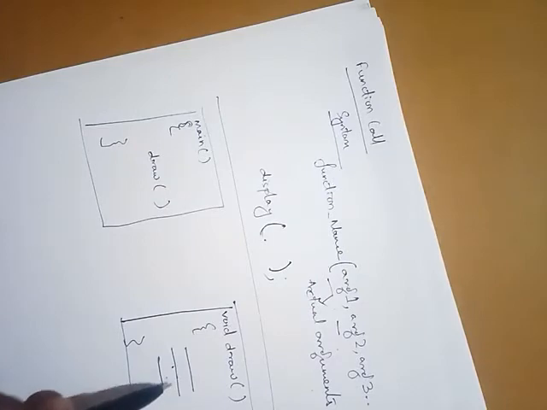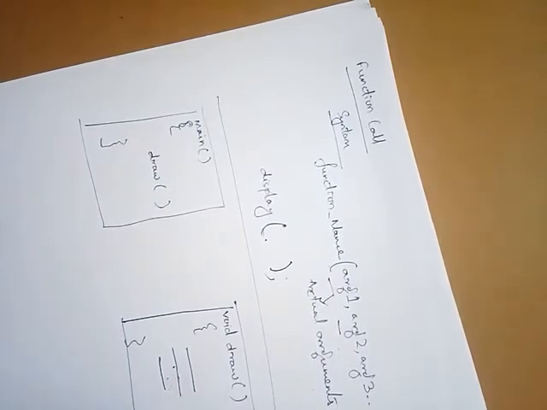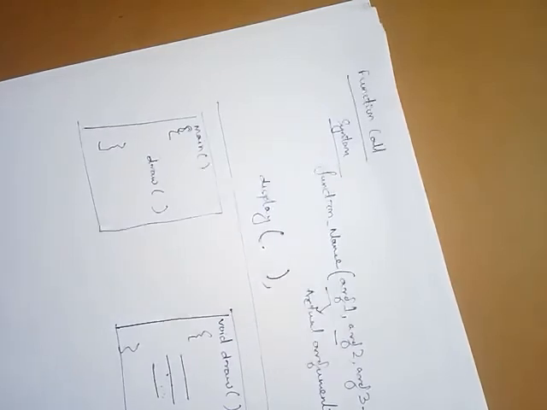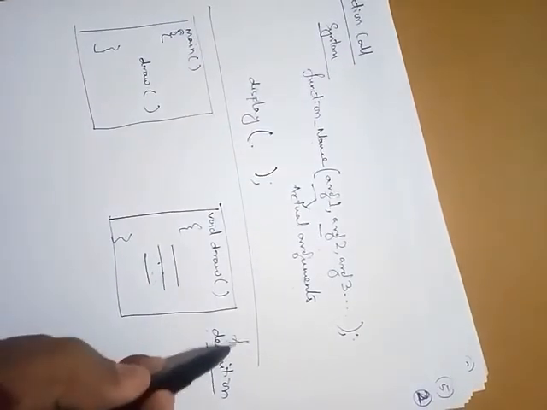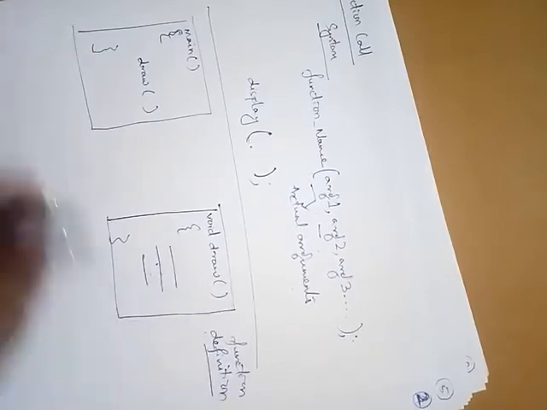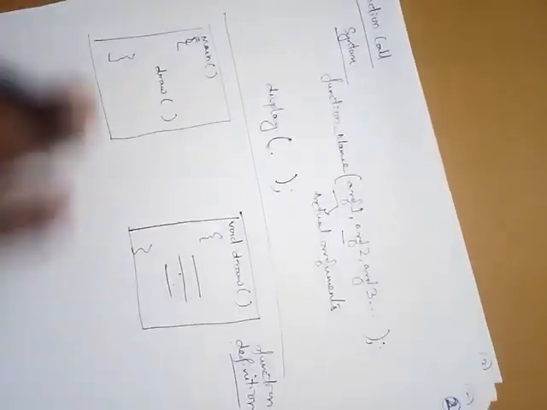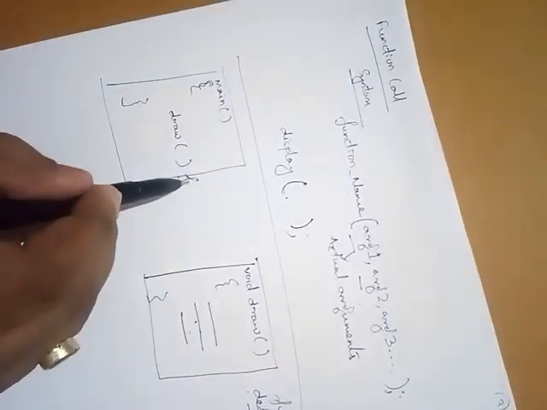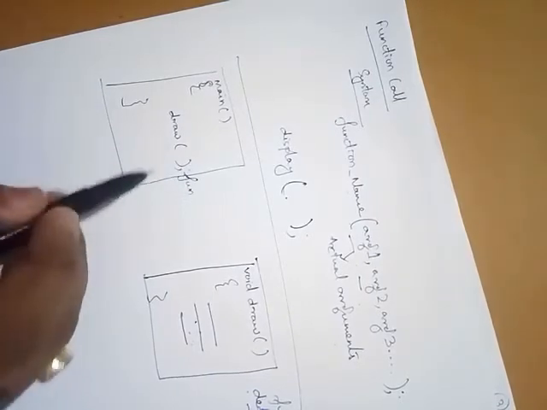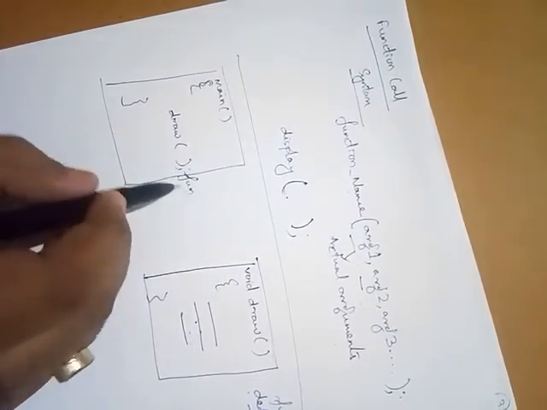We have already studied the function definition. So this is function definition part, and we have already discussed the function call today. This is function call. Only draw, parenthesis and semicolon.